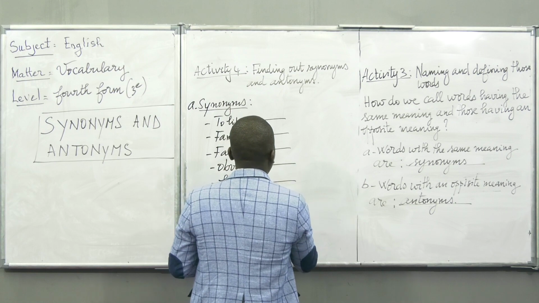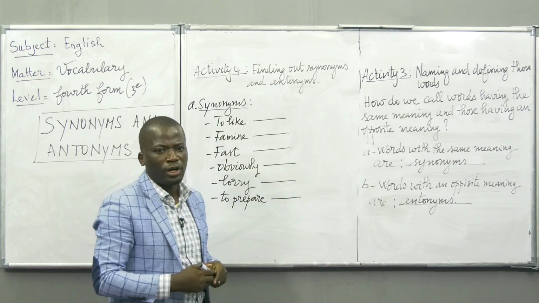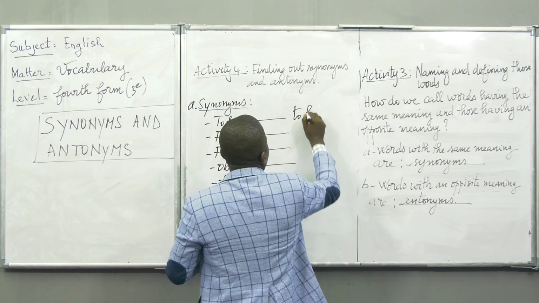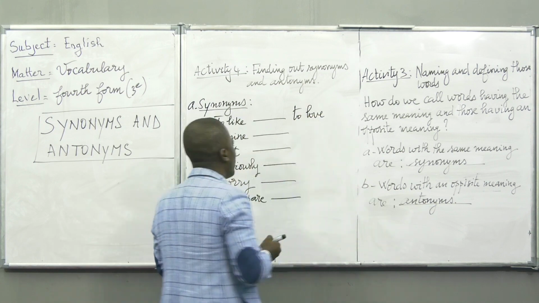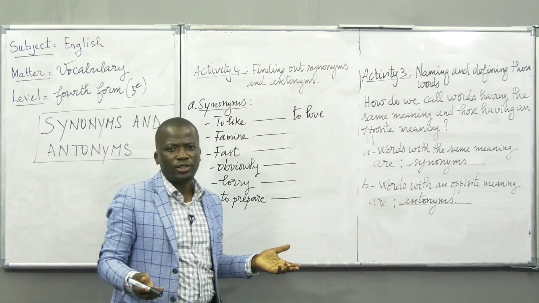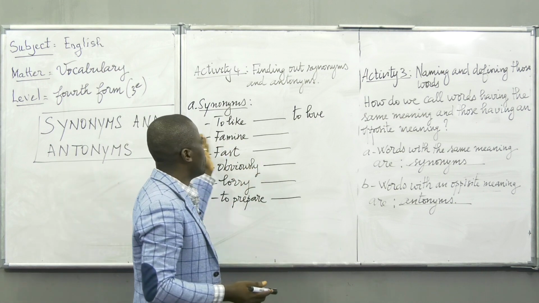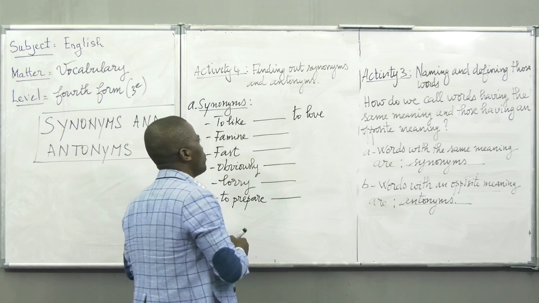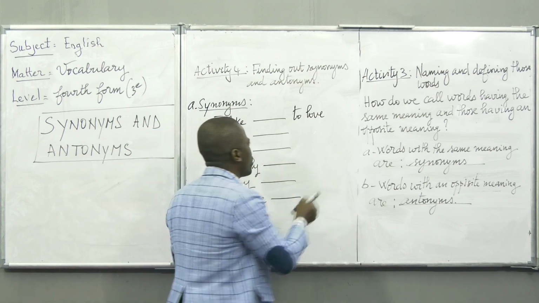Now, try to think, class. What are the different synonyms? To like is to love. Famine, starvation.